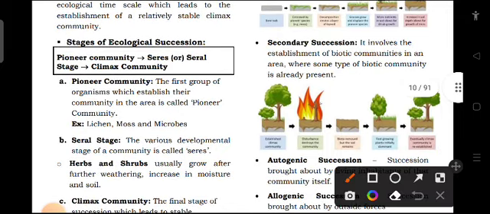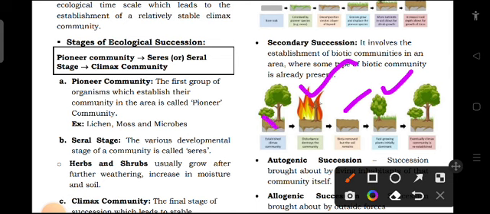If there is some forest fire or some destruction, so the biota are removed from the soil. So the next time when a tree or some other biotic community grows, it will grow quicker because we already had the roots ready. Eventually the climax community is re-established and it happens at a faster rate in the secondary succession.